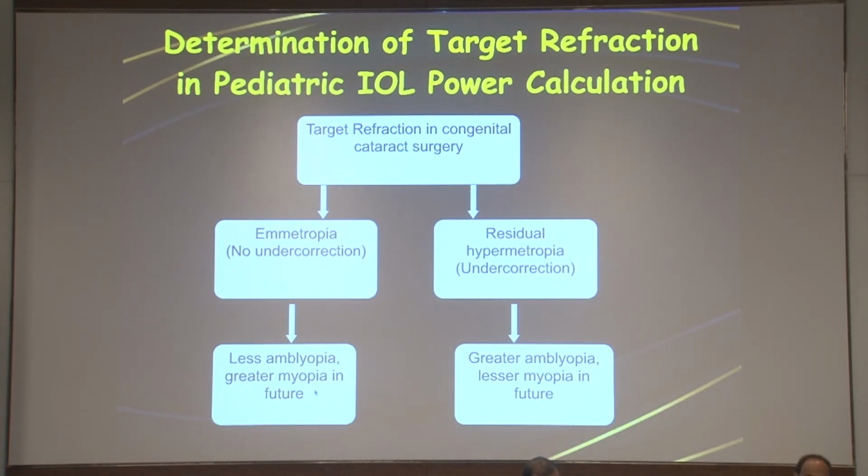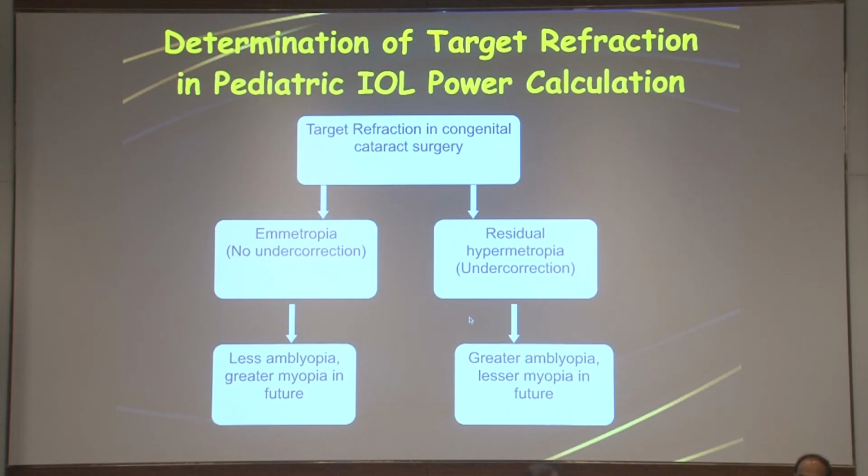This is particularly true for very young children. This all mainly applies to younger children. For children more than 7, 8 or 9, these things really may not matter very much. The other option is to leave behind some hypermetropia, what is called undercorrection, which has an initial challenge because the child will have to wear relatively higher hypermetropic glasses immediately.